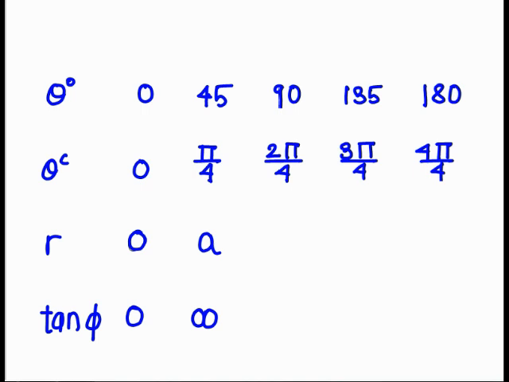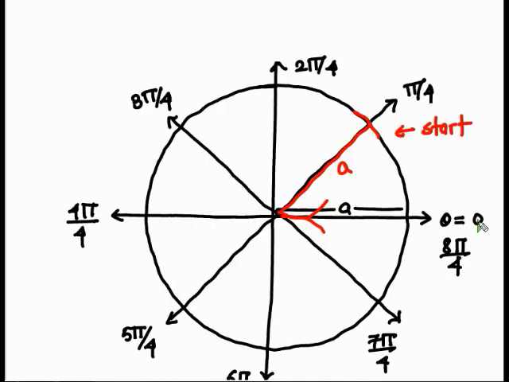Radius value is a and tan φ, that is the angle made with the radius vector, is infinity.